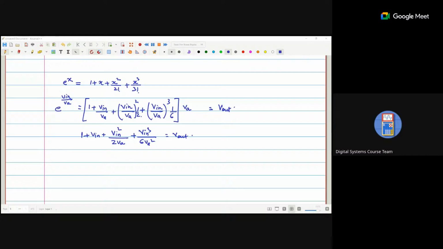So what is the meaning of incremental gain? So dv out by dv in is defined as the gain, right? So incremental gain is dv out upon dv in, and that is 10. Okay. Now can you solve it?